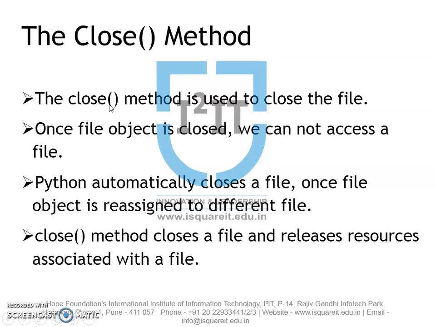Moreover, there is an upper limit to the number of files that can be open in a particular program. If that limit is exceeded, then the program may even crash or work in an unexpected manner.